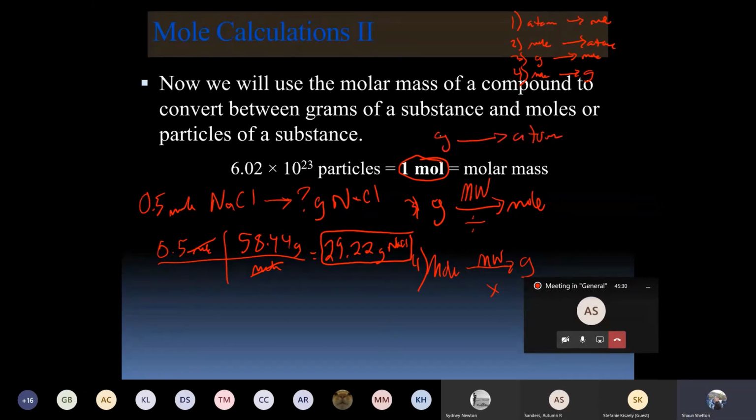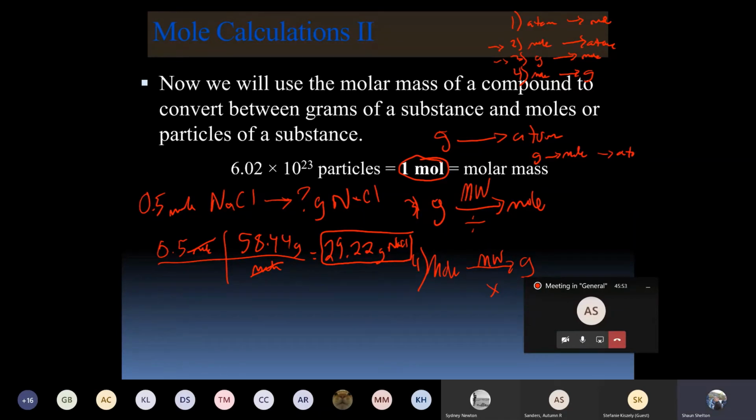Well, there is not a roadmap where you can go straight from grams into atoms, all right? But you can convert grams into moles. That's using the third step, and then you look at step 2, the roadmap 2, then you can convert moles into atoms.